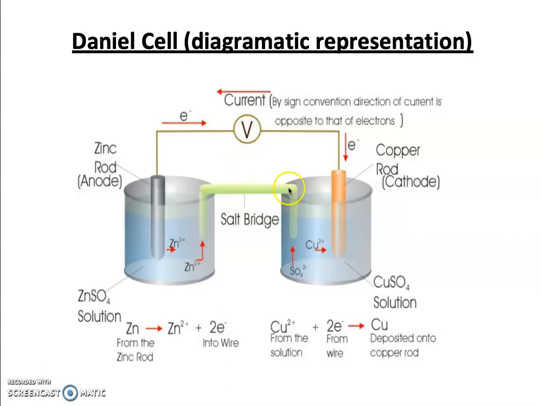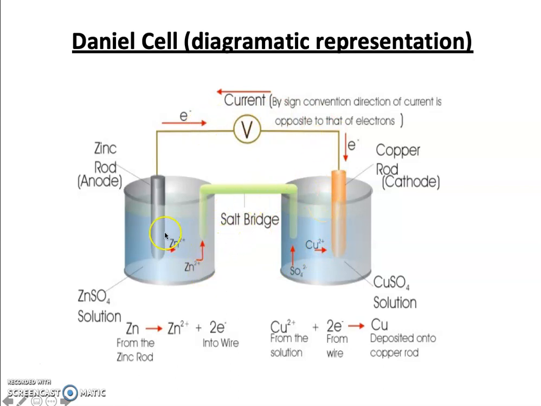So now if this salt bridge was not there, then what will happen? We know that this zinc electrode is also producing the zinc ions, and the copper electrode is also producing the sulfate ions. So in due course of time, they get accumulated at the respective electrodes, and this hinders the flow of the current.